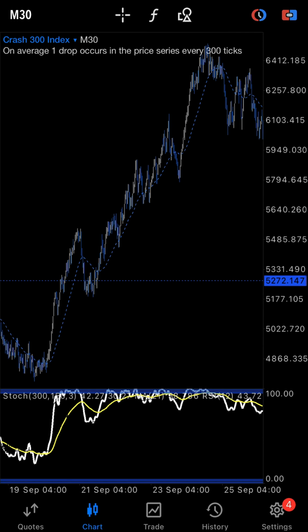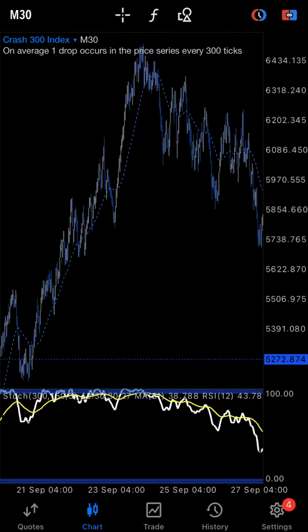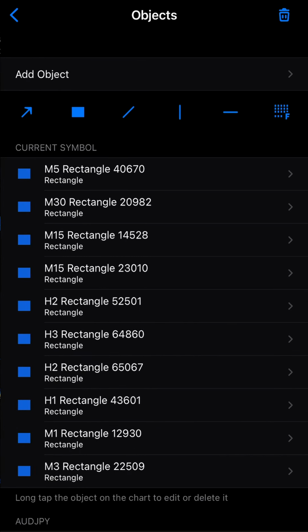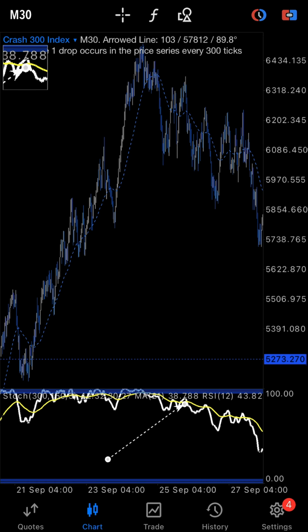Now take a look at this here. You will see the stochastic is trending at the overbought here. So all you wait for is a breakout of that stochastic, then a retest of the moving average, the yellow moving average here.